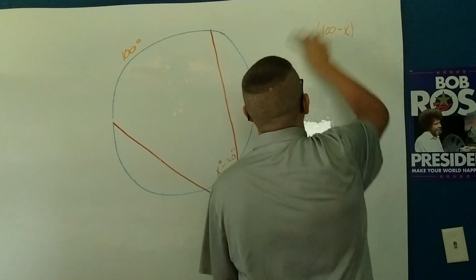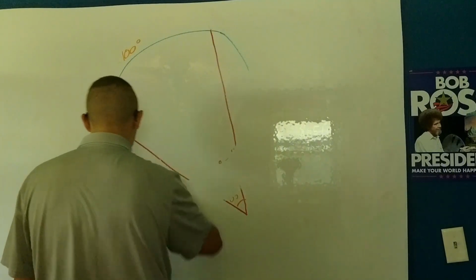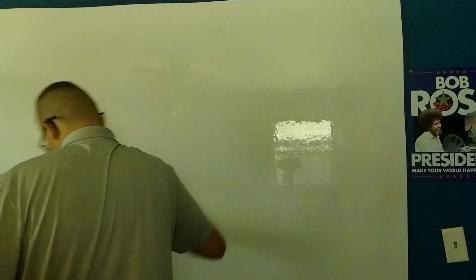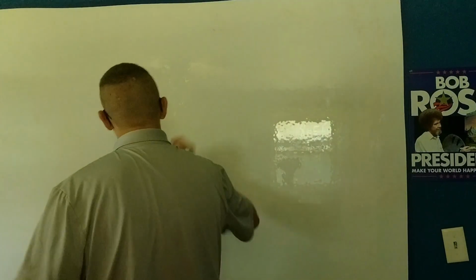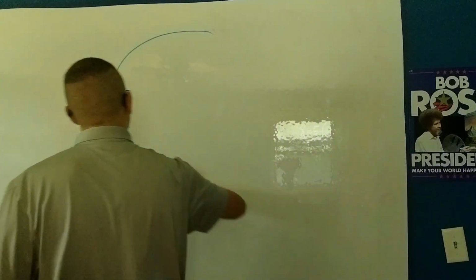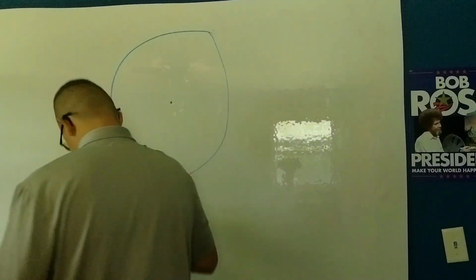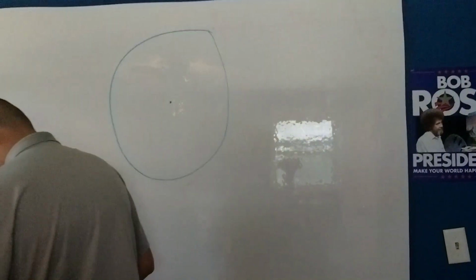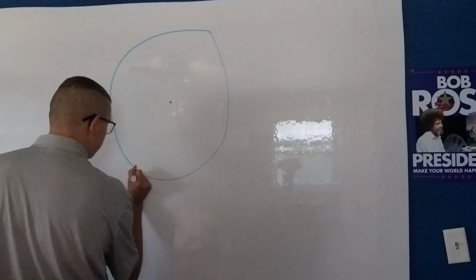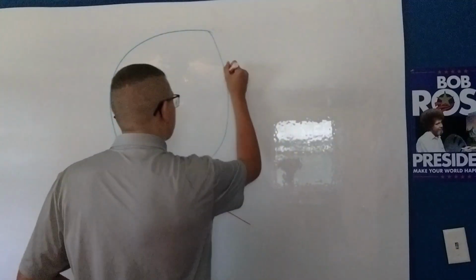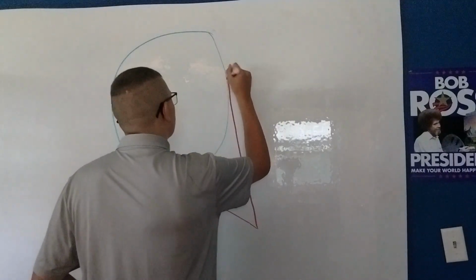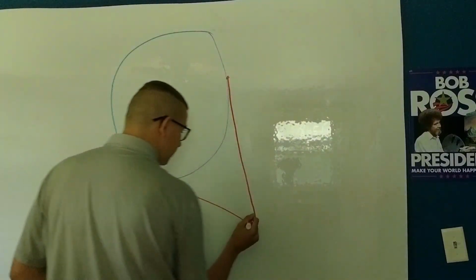2 tangents this time. And now we're going to draw, that's right, a circle like that with 2 tangent lines here and here, like this.